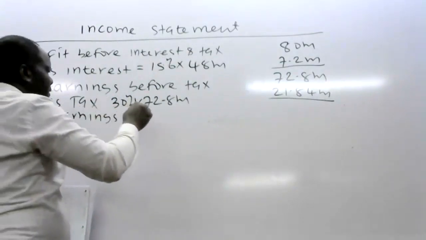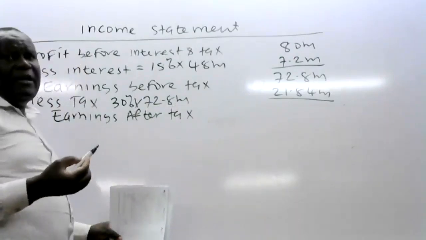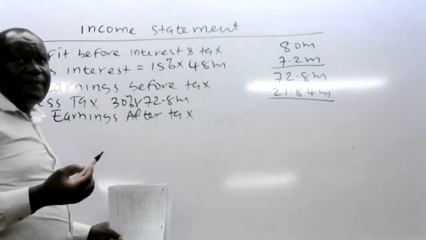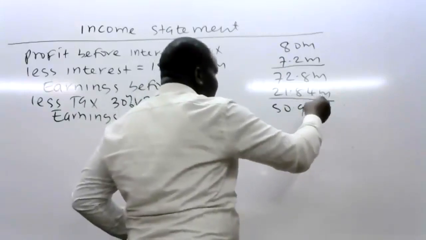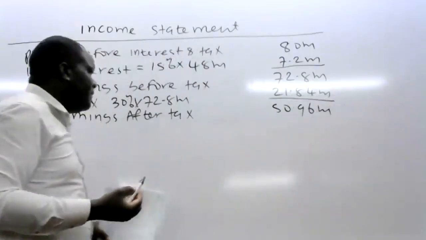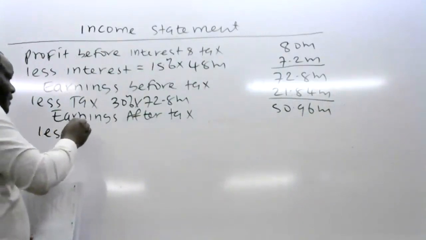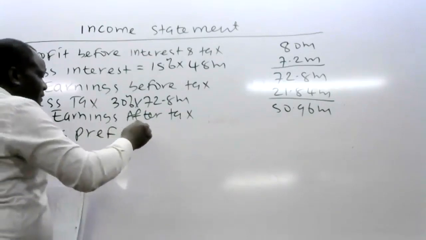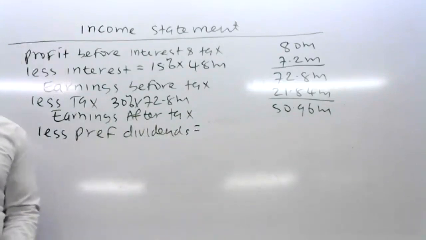So what should be our earnings after the tax? 50.96. Then now we less the preference dividends. To get the preference dividends, you can see in the question they gave you 10% preference shares.